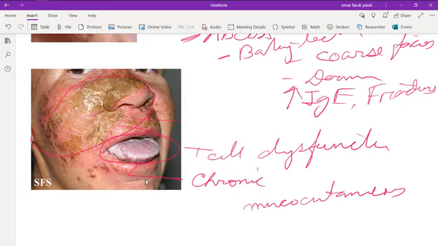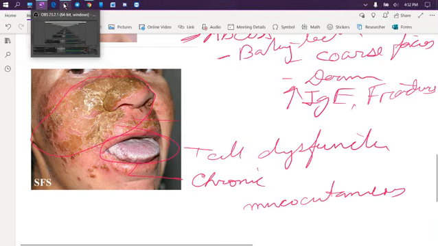In here, there is absent in vitro T cell proliferation in response to Candida antigen, and absent reaction to Candida antigen. And that is all about T cell disorder.